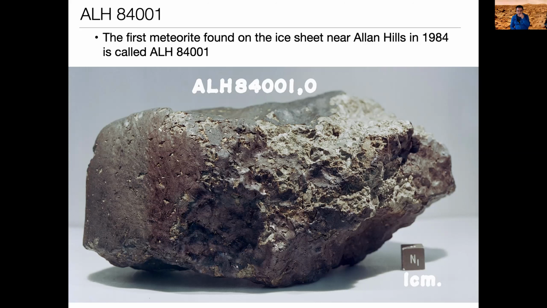There are many things about it that tell us it's a meteorite, not the least of which is the very eroded round crust there that you see on the upper left edge. That's what we call a fusion crust. It's caused by the very hot entry into the Earth's atmosphere, and that melts and fuses the material that the meteorite is made of into this crust around its outside edge.